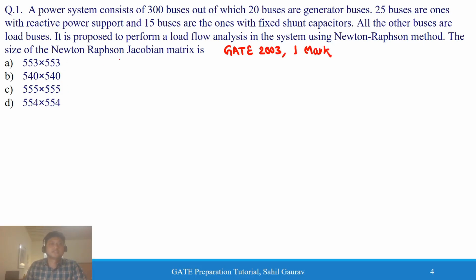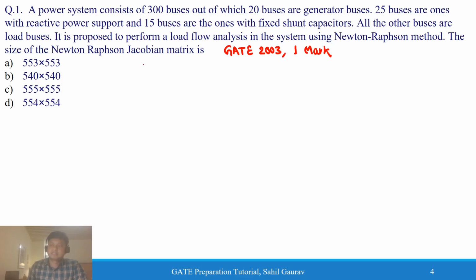Four options are given, so it is a single choice question. You are given a system with 300 buses, out of which 20 buses are generator buses, 25 buses have reactive power support and 15 buses have fixed shunt capacitors. All other buses are load buses. It is proposed to perform a load flow analysis in the system using the NR method, the Newton-Raphson method. The size of the Jacobian matrix is?